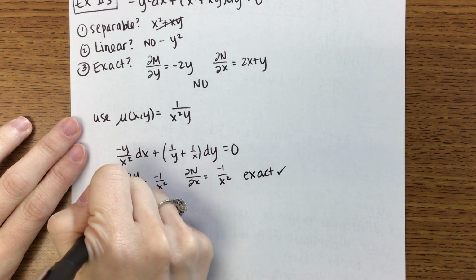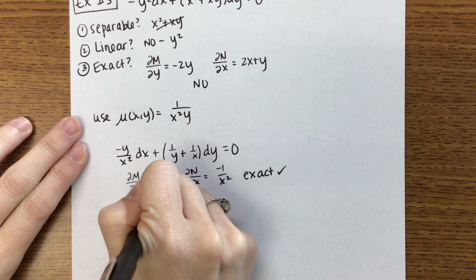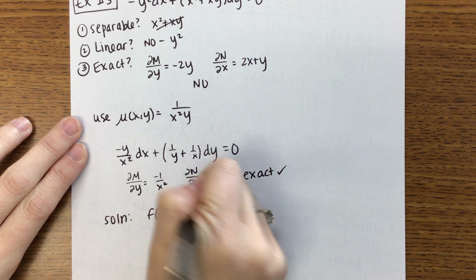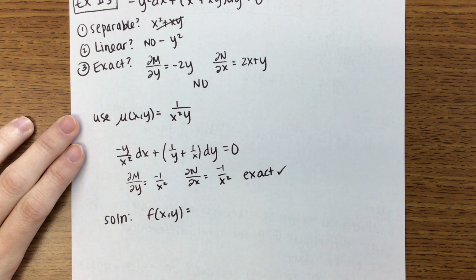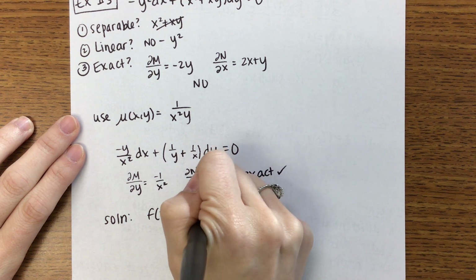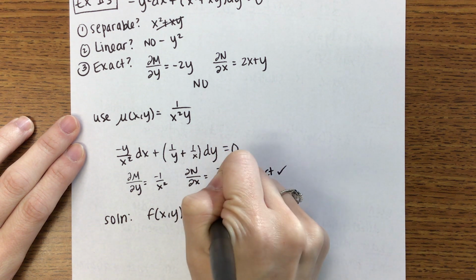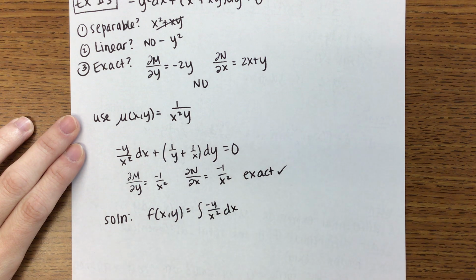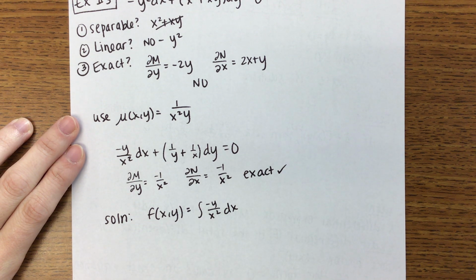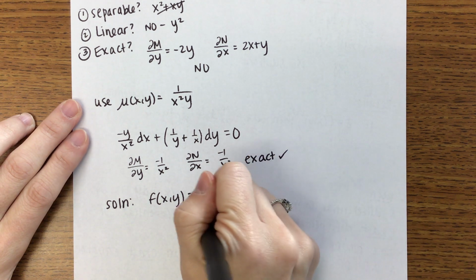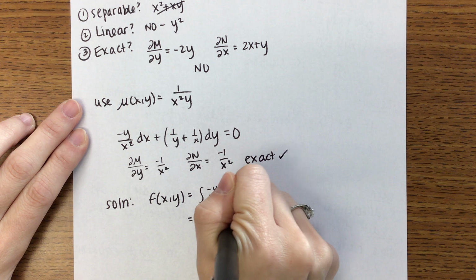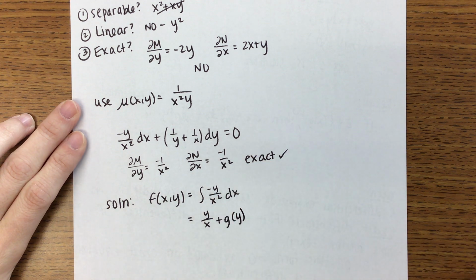Okay. So finding our solution then. I'm going to start by integrating with respect to x first. So negative y over x squared dx. When you do that, you get y over x plus g of y.